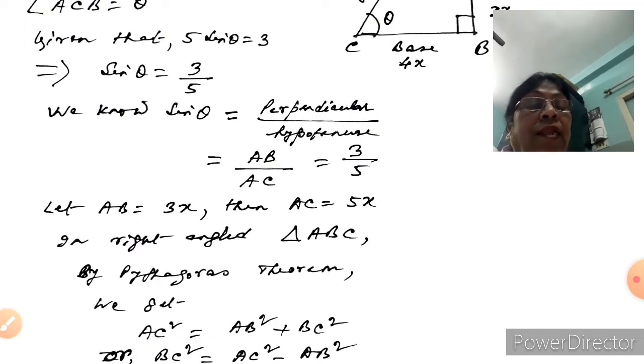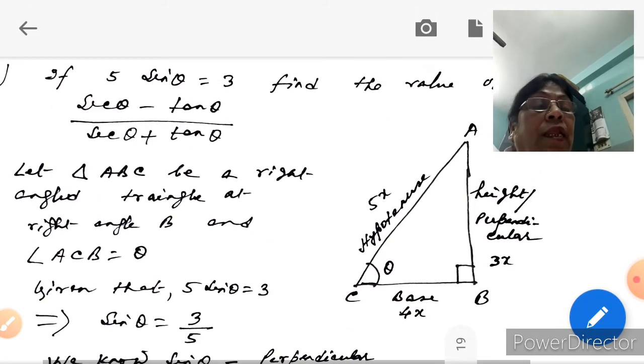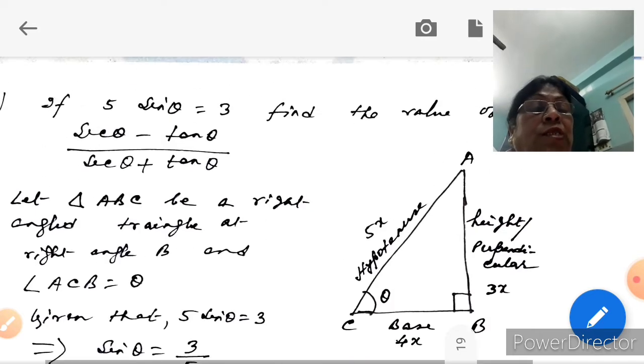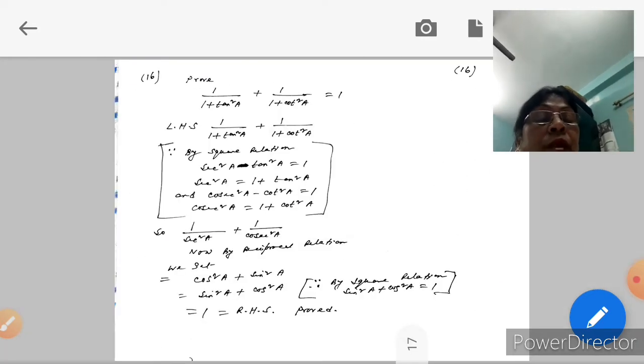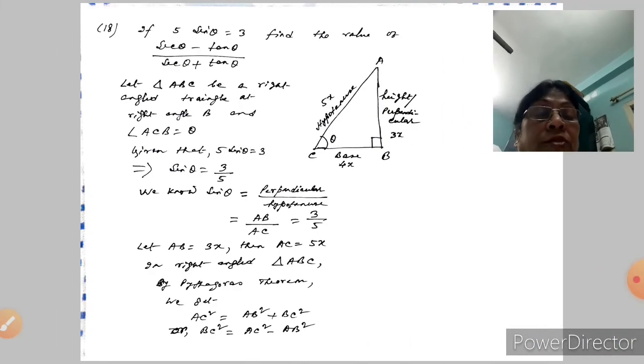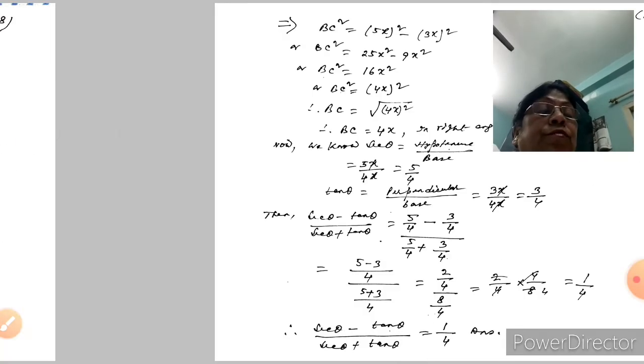In the right angle triangle ABC, by Pythagoras theorem we get AC square is equal to AB square plus BC square, so BC square is equal to AC square minus AB square. Okay.